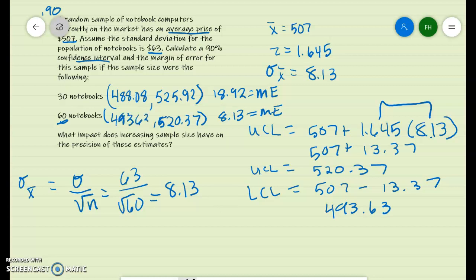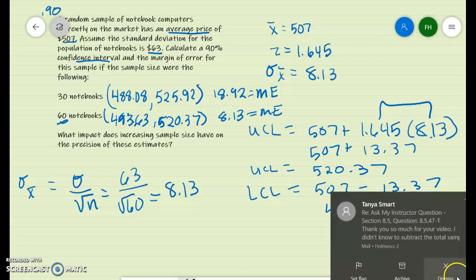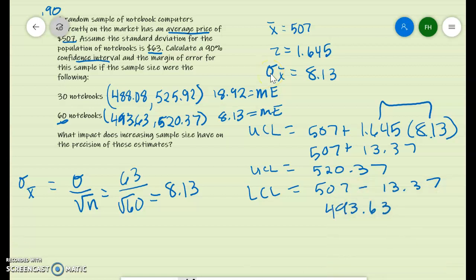Okay, so let's look at what happened. We didn't change the confidence level, and we didn't change the standard deviation. So the only thing that changed here was the sample size. So when your sample size increases, your margin of error goes down.